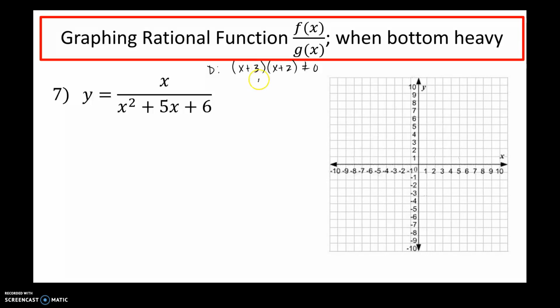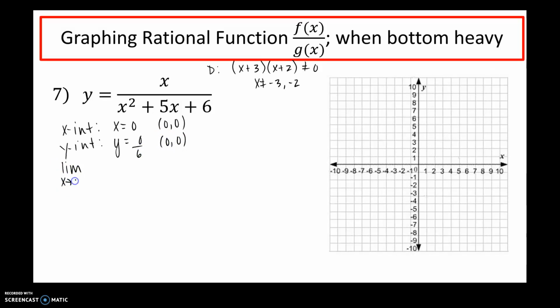So my restrictions, x can't equal negative 3 or negative 2. X-intercept, set the numerator equal to 0, so the origin is an x-intercept. My y-intercept, it'll be the same. It'll be at the origin as well.